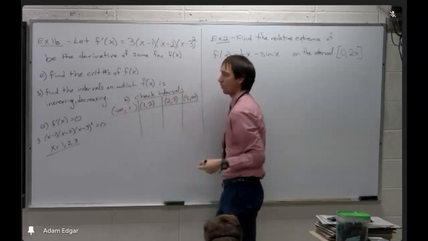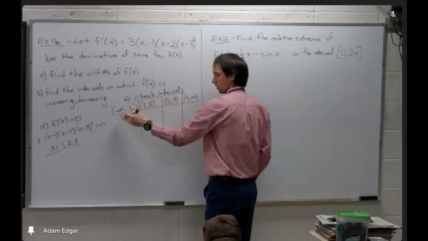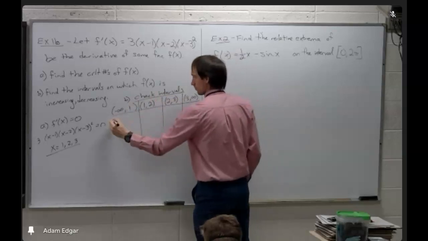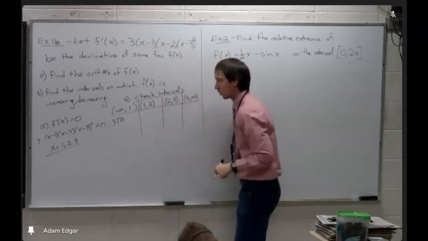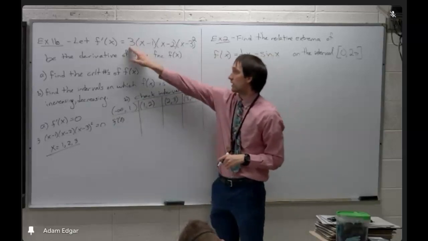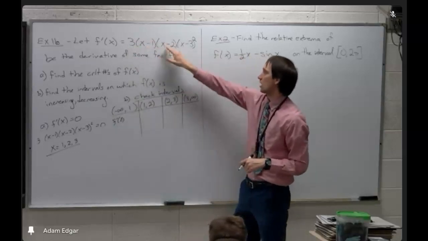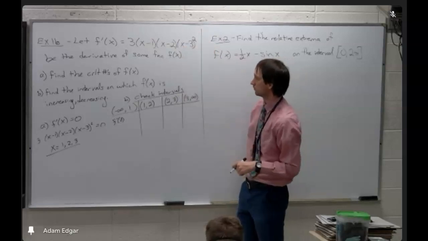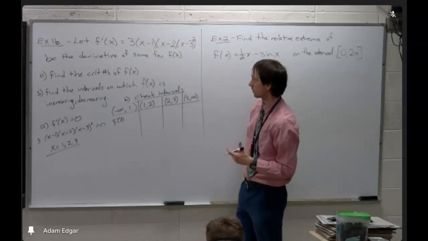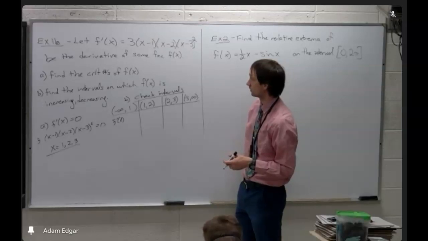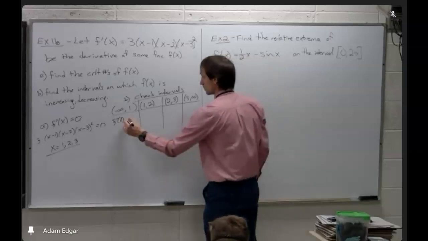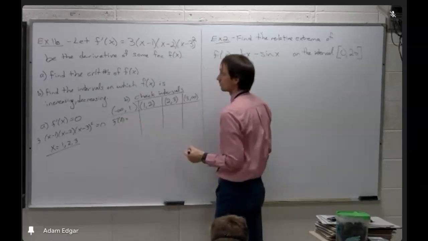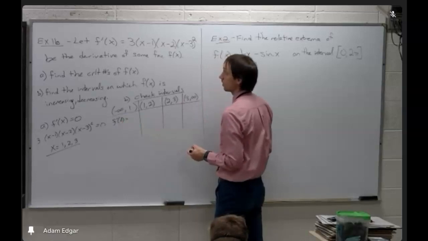And what's a good number to check between minus infinity and 1? 0 makes sense. So if you plug in 0, 3 times negative 1 times negative 2 times negative 3 squared is what? Well, is it positive or negative?